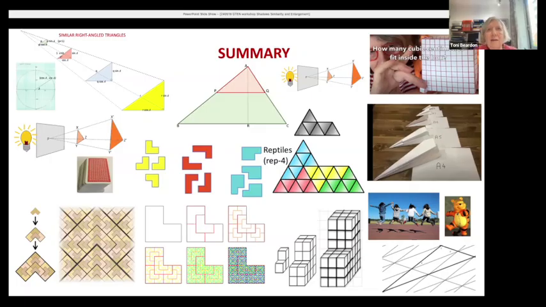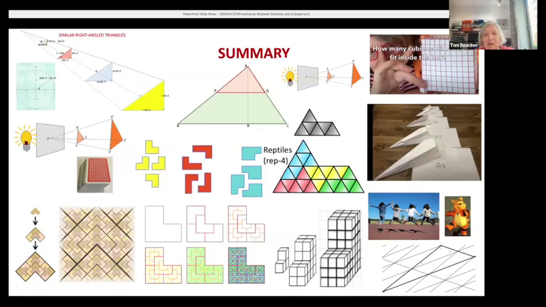I like these reptiles, because you can go on putting smaller and smaller copies inside each one, and you can build it up, making whatever size you've got, making more of those to make a bigger enlargement of that. These are actually the mathematical shape, which is a fractal.